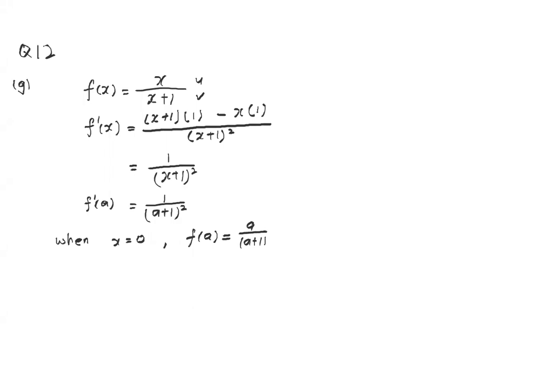Okay, so you sub into the equation y equal to mx plus c. Our ulterior motive is to get the c. So a over a plus 1 equals m, which is 1 over (a plus 1) squared, times x, which is a, plus c.